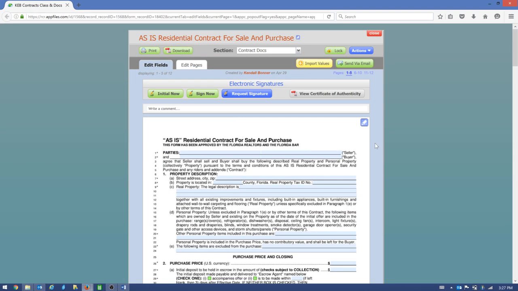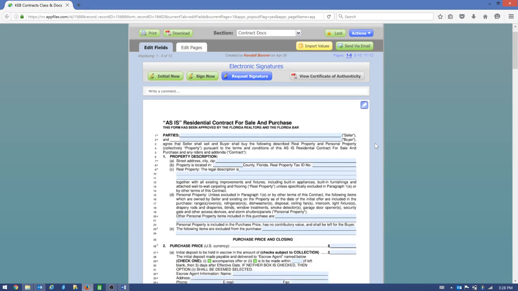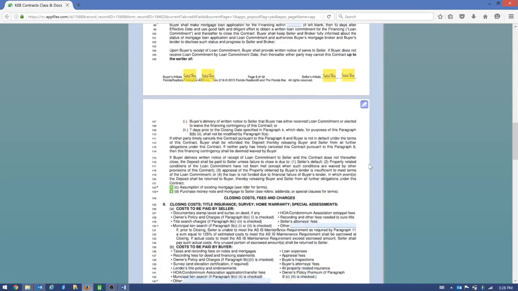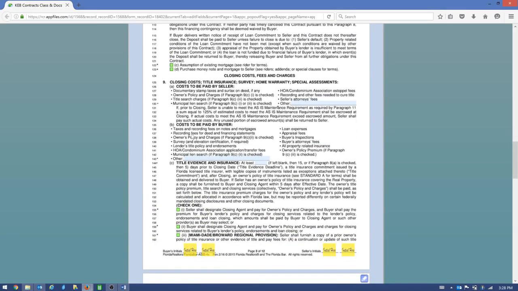So we just looked at paragraph 12. Now we're going to look at paragraph 9. Let's go backwards a little bit here. What's important here is, in paragraph 9 of the FAR/BAR 4, when we look at that in next class, you'll see the main differences, because it's a much shorter paragraph here in the as-is.